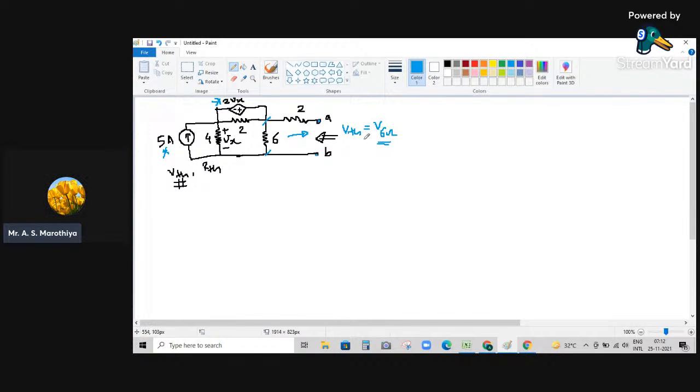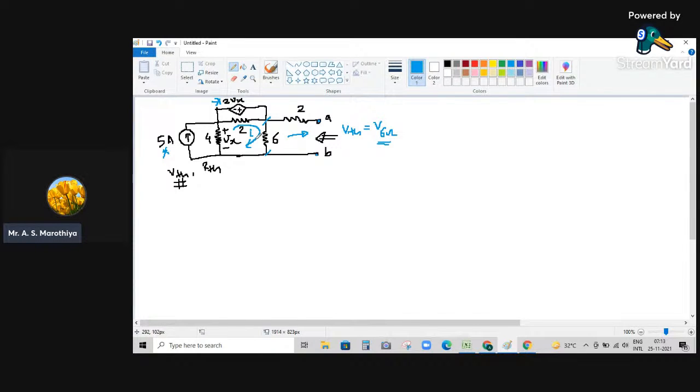This is very important. Now let us assume that the current flowing through this particular mesh is, say, I. I've just assumed that the current will flow in the clockwise direction. You may assume the current in the anti-clockwise direction, and I told you that if you got the same value of current, in positive sense, whatever assumption you made is correct.